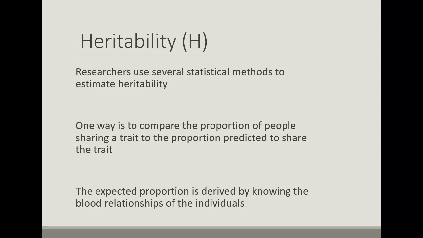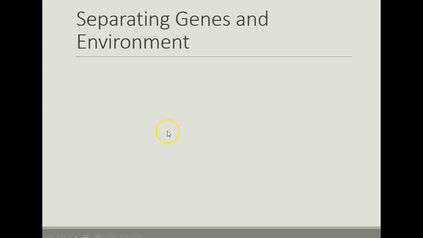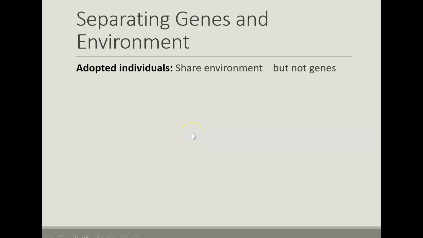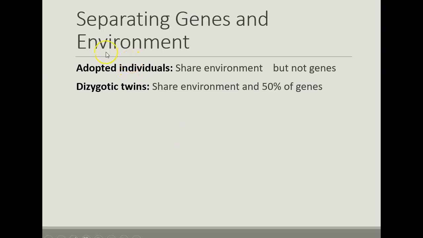Twin studies are really helpful because they tell us how much of a trait is probably genetic and how much is potentially due to their environmental conditions. So what we do is we take a series of different individuals. We can take adopted individuals, two people who share the same environment, but they have no genetic connection with each other whatsoever.